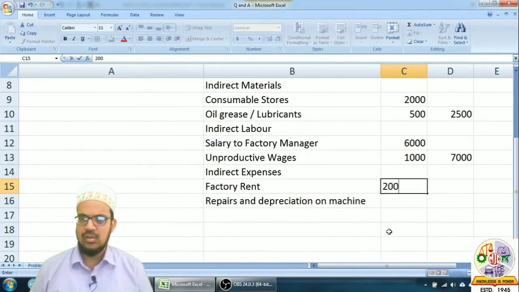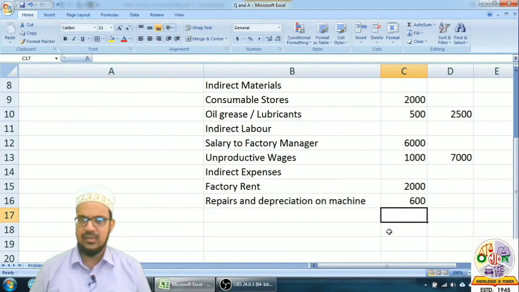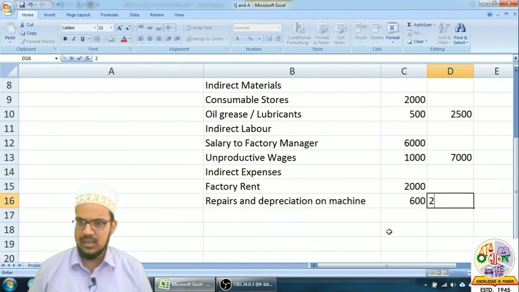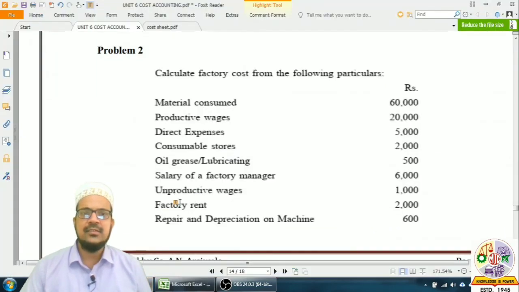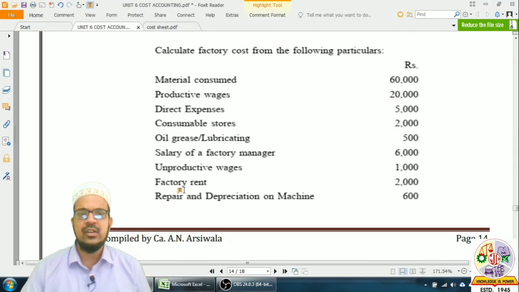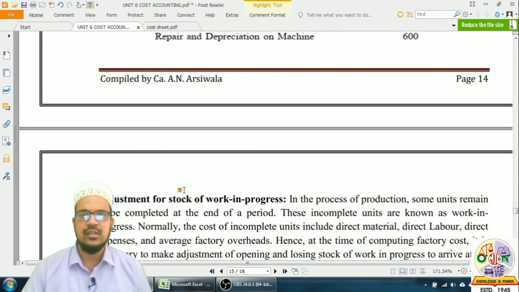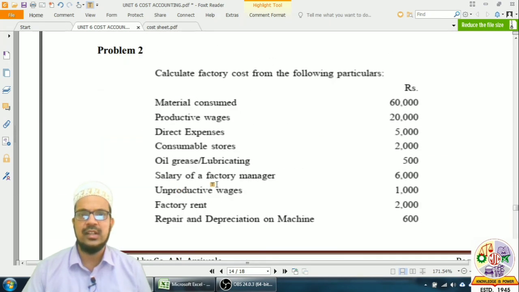So 2000 and 600. Take the total of this, 2600, in the outer column. Now let us see whether all the entries have been done or something remains. Nothing remains. All the entries have been done for problem number 2.